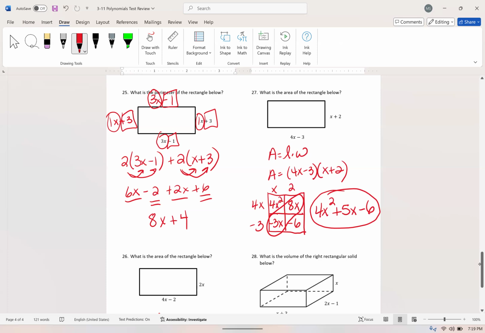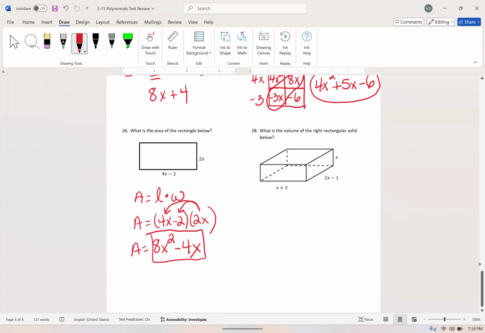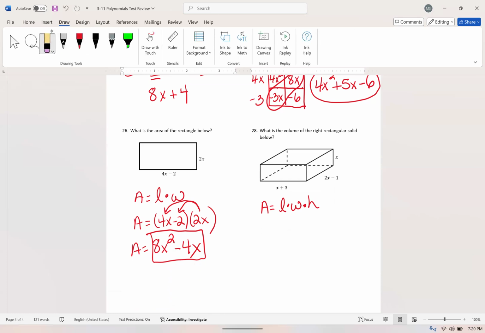And last one, we have volume here. So volume, now that's not the same thing. You notice it's a three-dimensional figure. And in this three-dimensional figure, we have length, width, and height. Whoops, I wrote area, and I need to do volume.